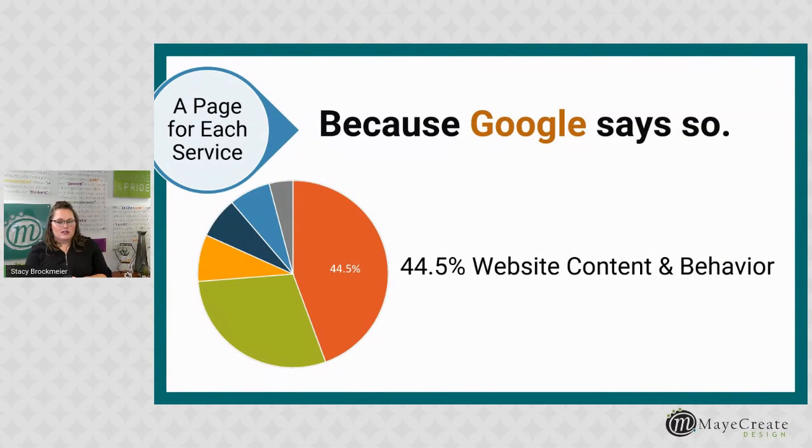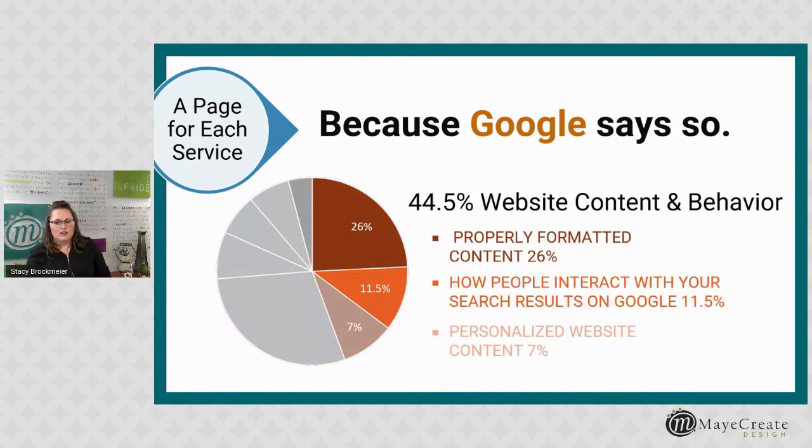Because Google says so, they say that 44.5% of your score on their platform is content and behavior. So having a page for each service gives you more personalized content, which results in higher conversions on Google. If I'm looking for a specific service that you offer, the chances that you're going to show up on Google are much higher.